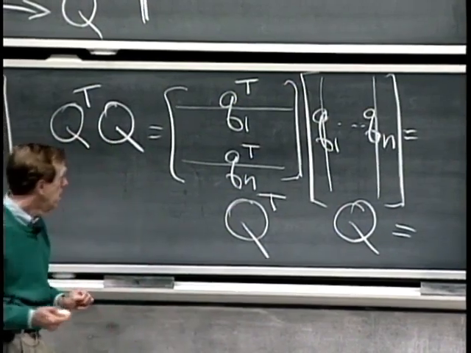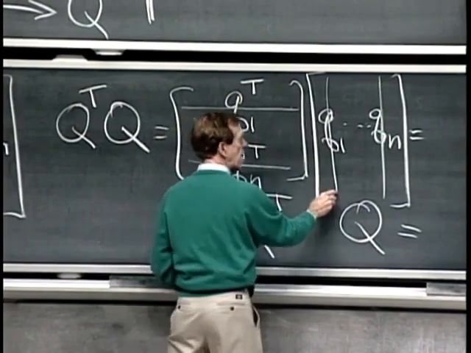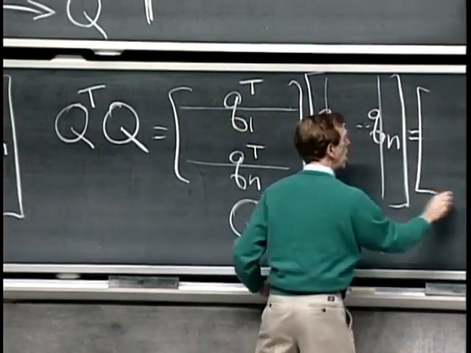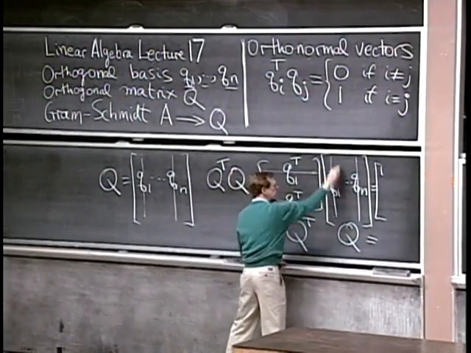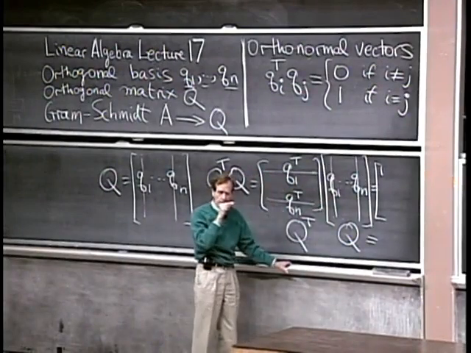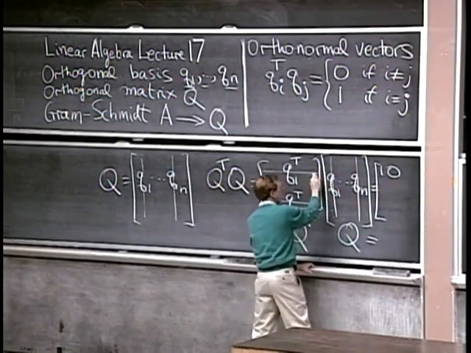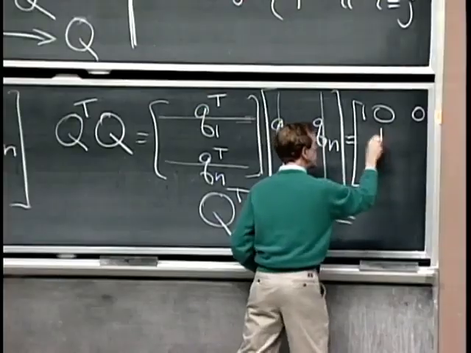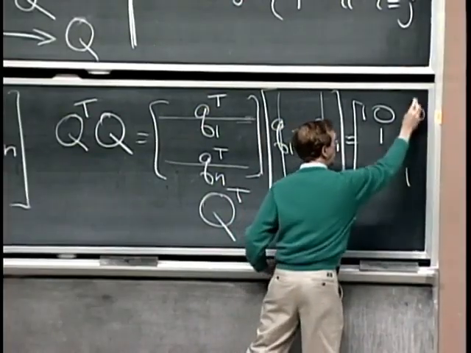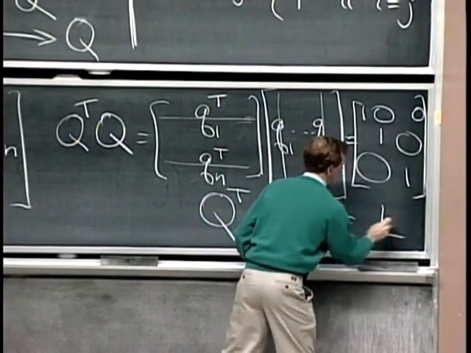Do you see it? If I take the first row times the first column, what do I get? A 1. If I take the first row times the second column, what do I get? 0. That's the orthogonality. The first row times the last column is 0. And so I'm getting 1s on the diagonal, and I'm getting 0s everywhere else. I'm getting the identity matrix.